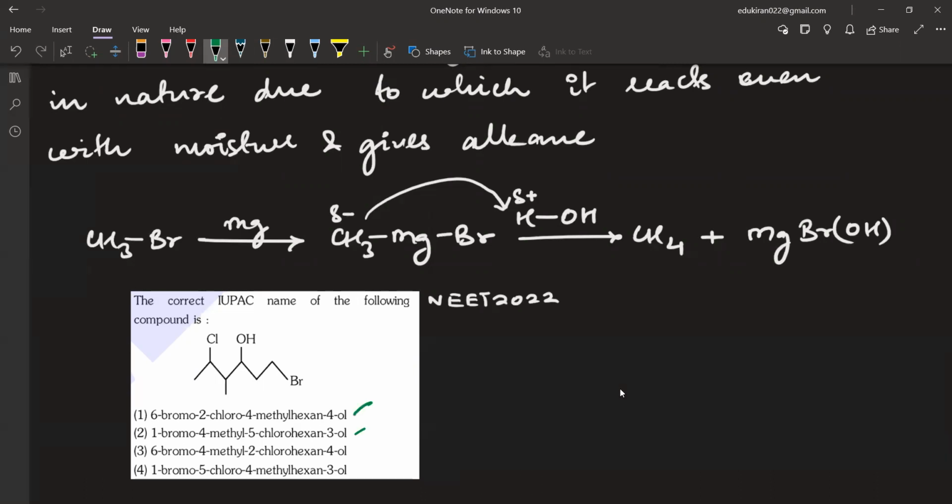If all the functional groups are the same, you don't have to look at the functional group now. Look at the parent. Look at the unsaturation also. It is all AN, AN, AN, AN, so you can't decide on the basis of unsaturation either. The parent is hexane in all options. Now look at the substituents: bromochloromethyl, bromomethyl chloro, bromomethyl chloro, bromochloromethyl. The only thing they are playing with is the numbering, because everything else is the same. You identify the correct numbering and your question is done.